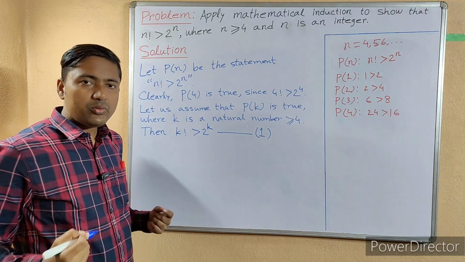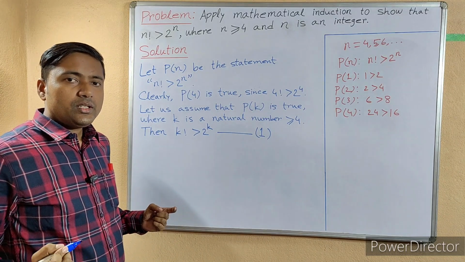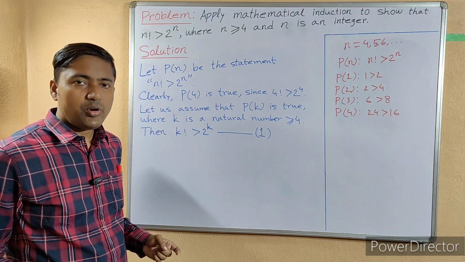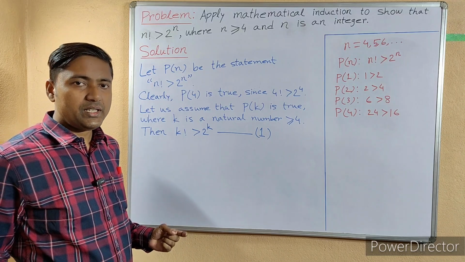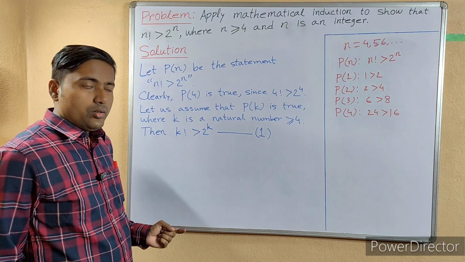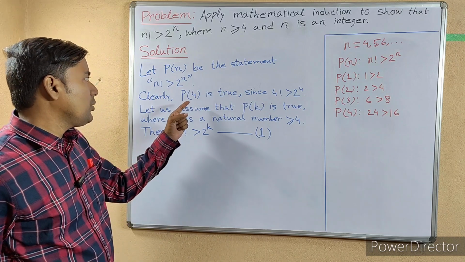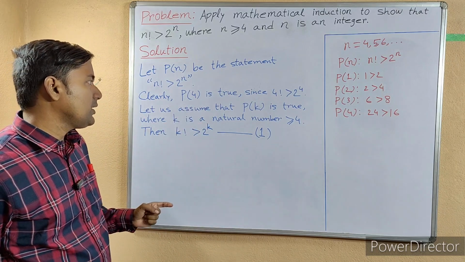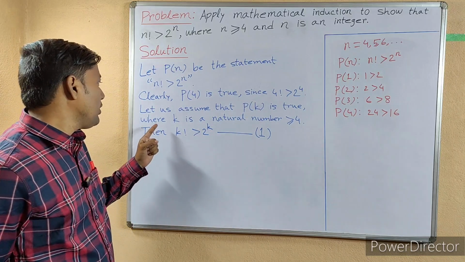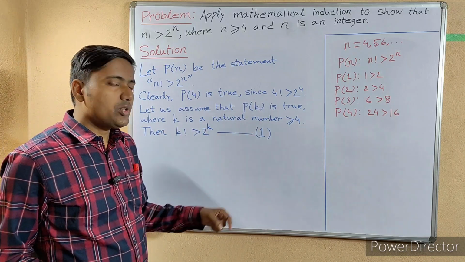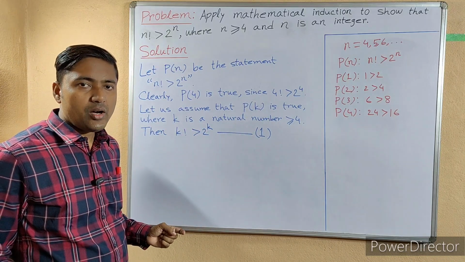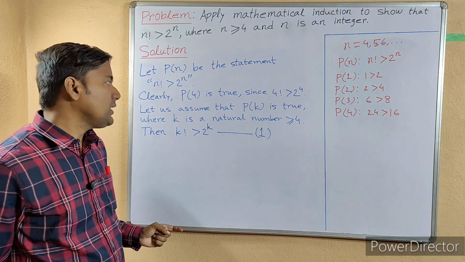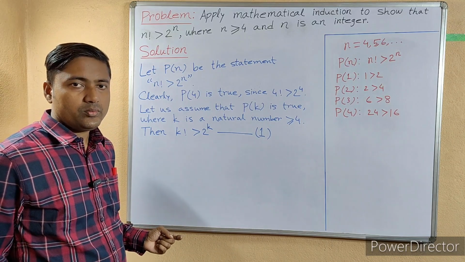We are going to use the corollary of the second form of the principle of mathematical induction. We have shown that P4 is true and assumed that Pk is true where k is the natural number greater or equal to 4. So now we have to check whether Pk plus 1 is true.